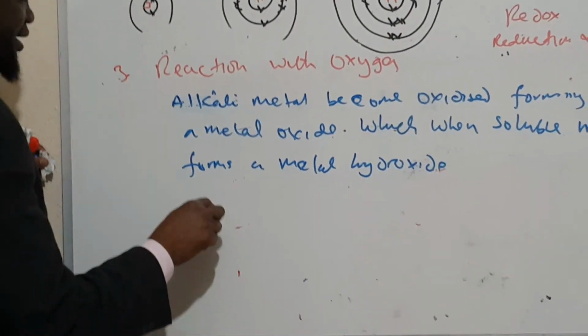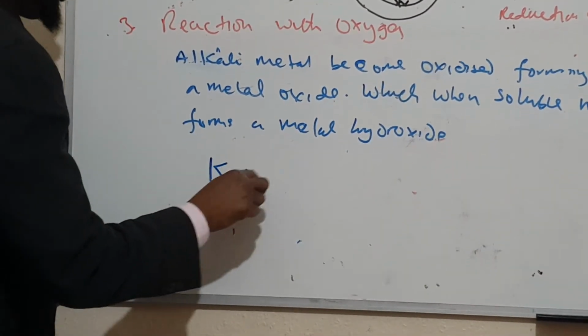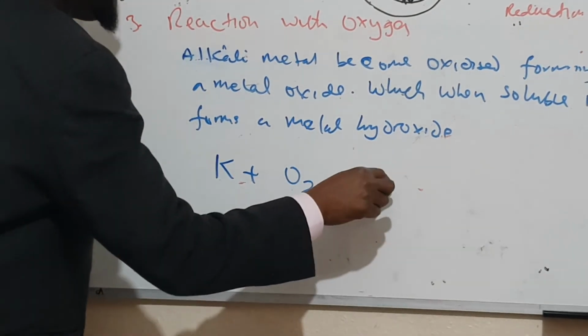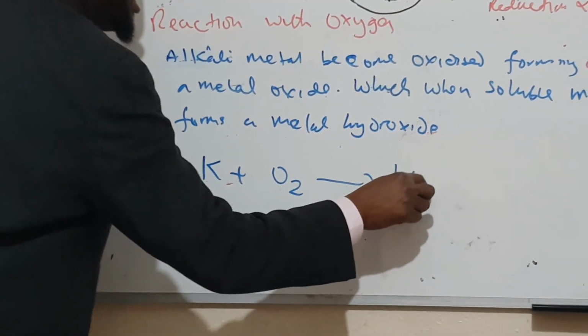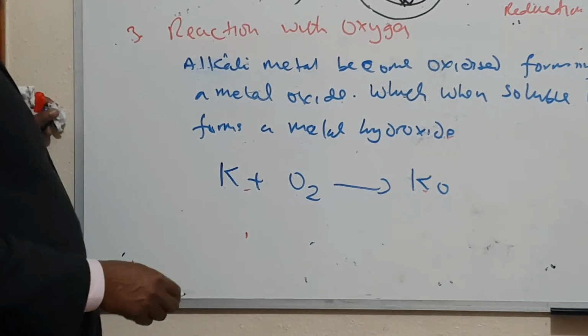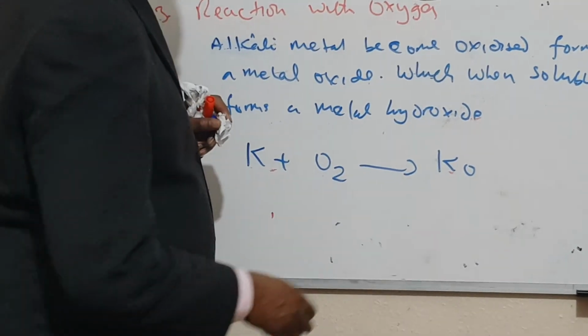Potassium plus oxygen will give you potassium oxide. Where would I put numbers? In front of both.